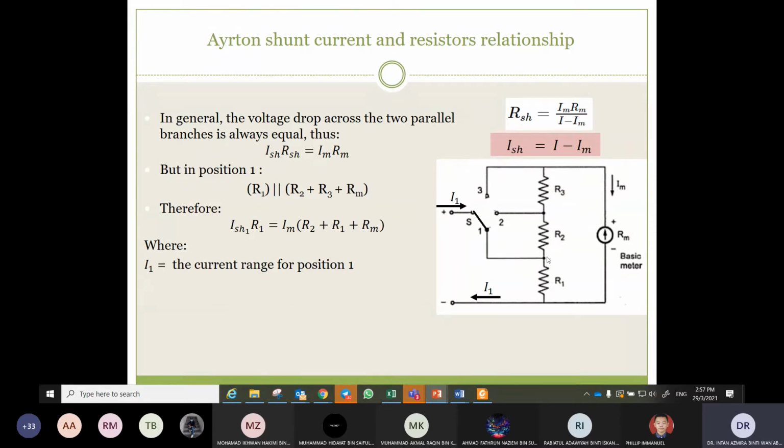At position 1, R1 is parallel with R2 plus R3 plus Rm. So V shunt is equal to Vm. At 1, V shunt is equal to I shunt 1 multiplied with R1.